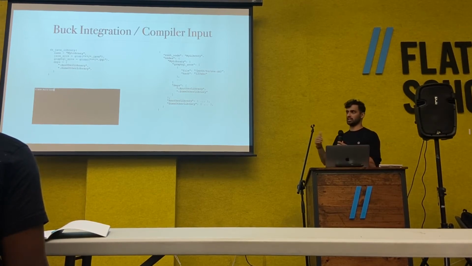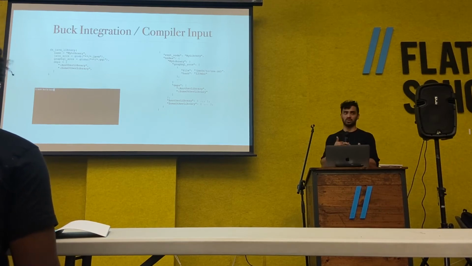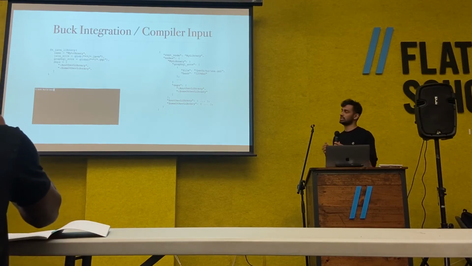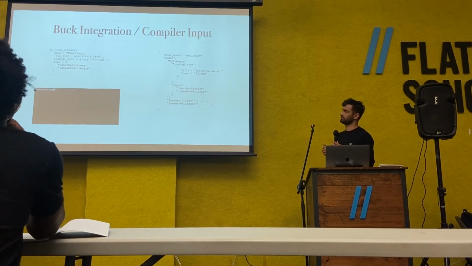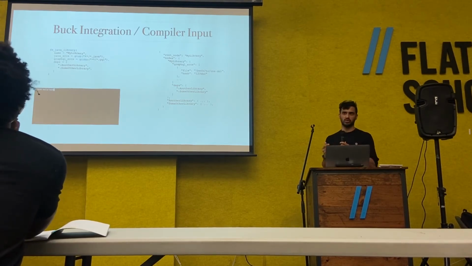Buck will then figure out how to structure all of those into the different levels, and then it will parallelize everything. So it'll spin up 15 instances of our compiler, and we'll just single thread through each one, but we're still getting the parallelization benefits through Buck. We didn't want to deal with all of that because it made our code a lot easier to write and maintain, and the value proposition at that point was very low, right?